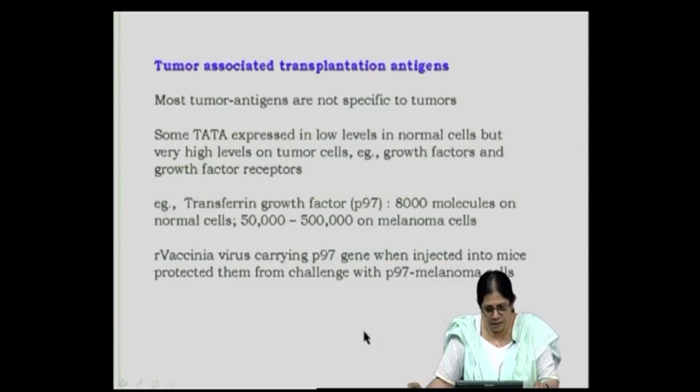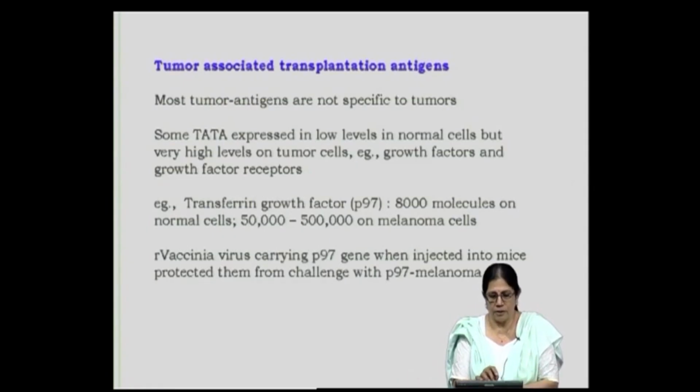Tumor associated transplantation antigens. We talked about tumor specific antigens so far. Now we are talking about tumor associated transplantation antigens. These are not specific to tumors; they are present also in normal cells. Some of these antigens are expressed at low levels in normal cells, but at very high levels on tumor cells.